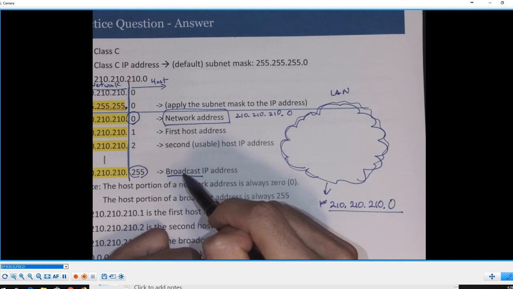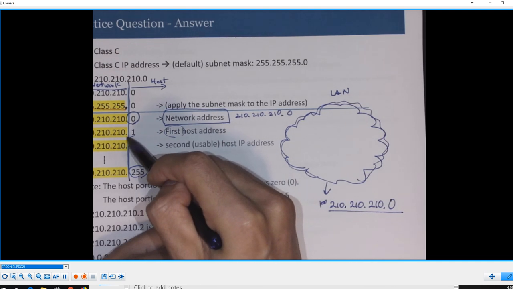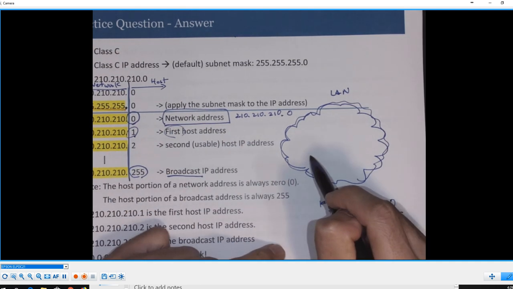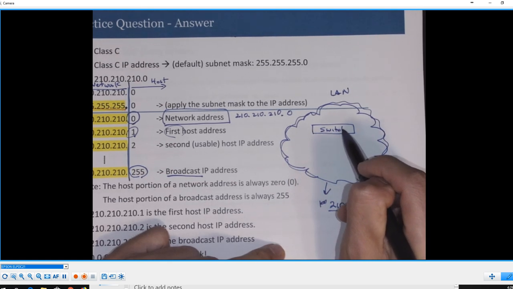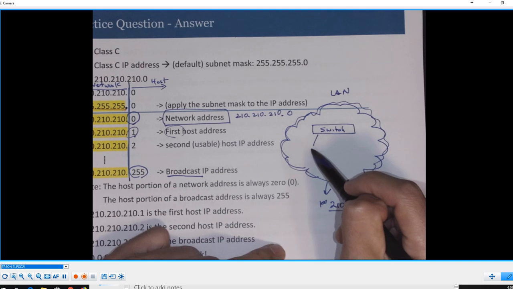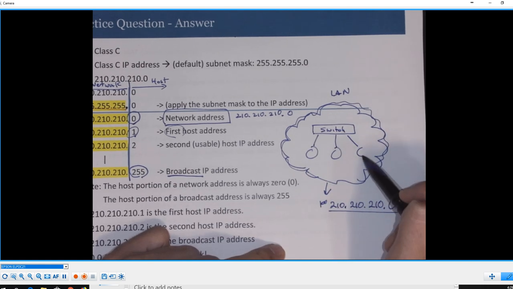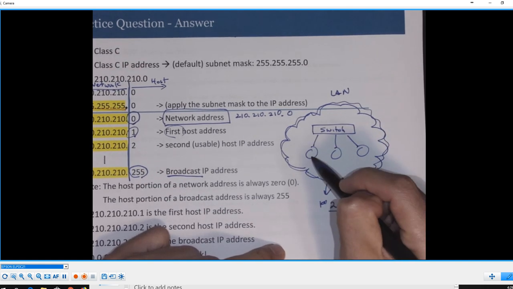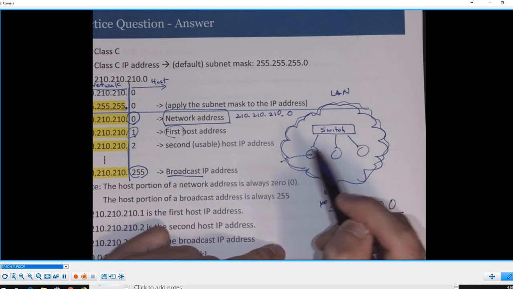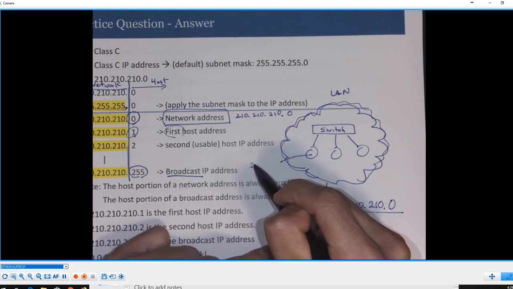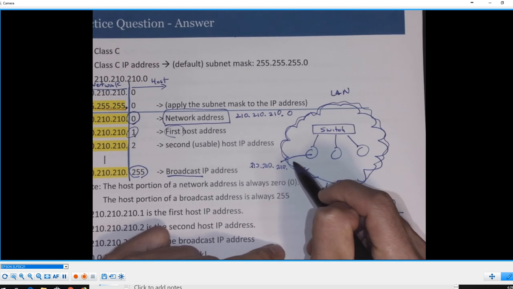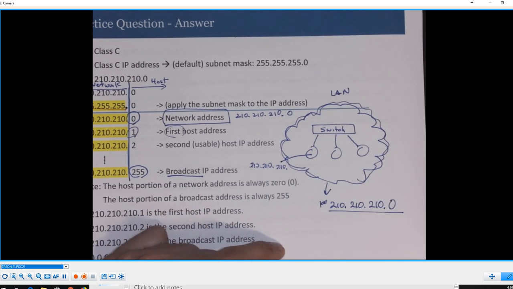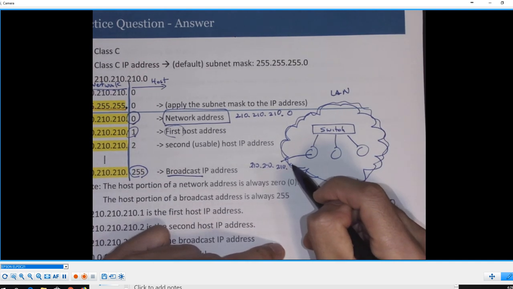And then you have the first host IP address, which is 1, right? So let's say there is a switch, and then there is a PC, a workstation. This PC's IP address could be, let's say, 210.210.210.1, right? But typically, this is not always, but they use the second IP address.